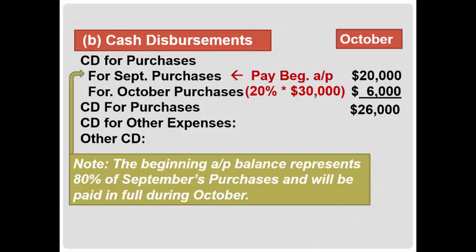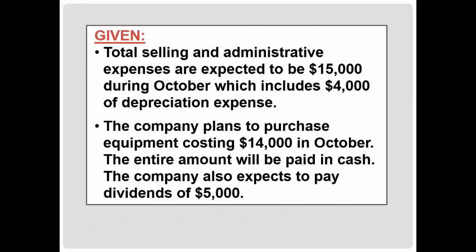To do these other two sections, let me remind you of what we were given. Total selling and administrative expenses are expected to be $15,000 during October, which includes $4,000 of depreciation expense. We will need to convert that to how much cash will be spent on these, and depreciation is a non-cash expense.